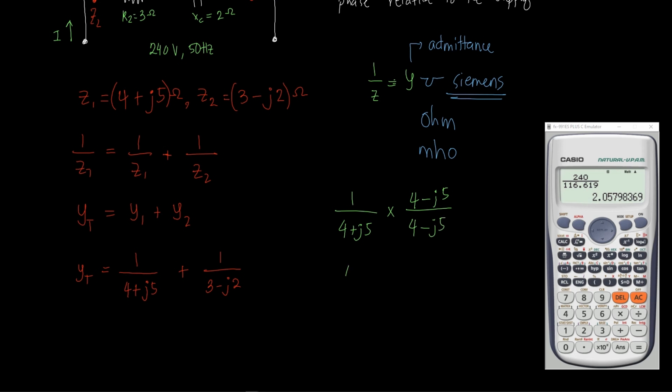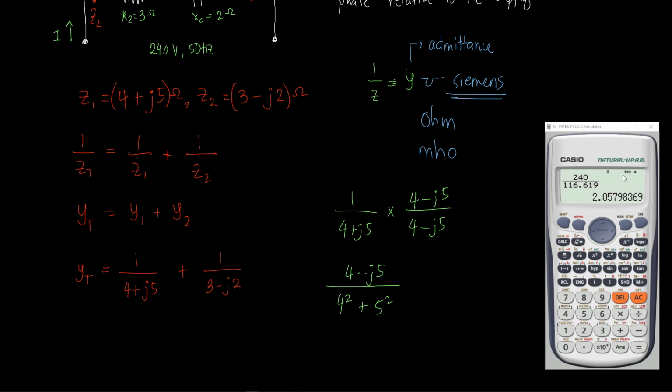Okay, so pag multiply nito conjugate, we have 4 minus J5 times 1, 4 minus J5 lang gihapon. Kani siya is 4 squared plus 5 squared. Add lang na sila, square lang. So, mao na siya ang sa baba.